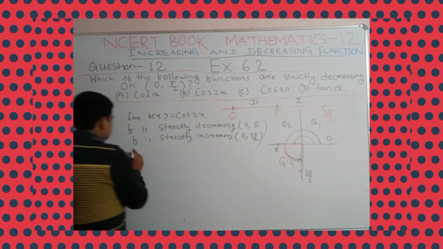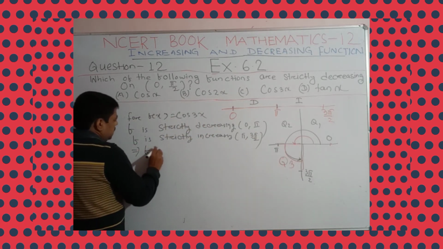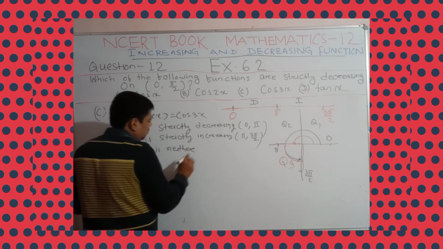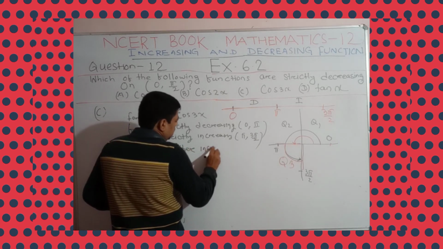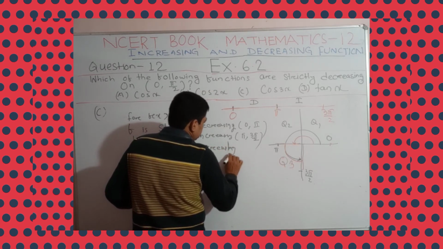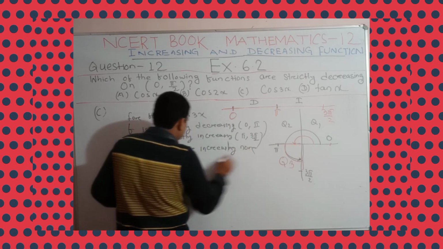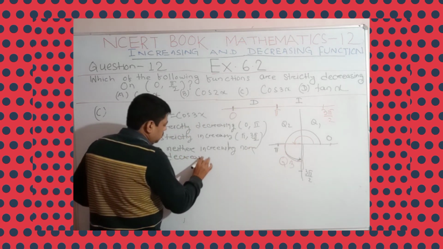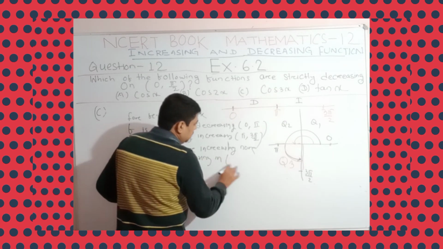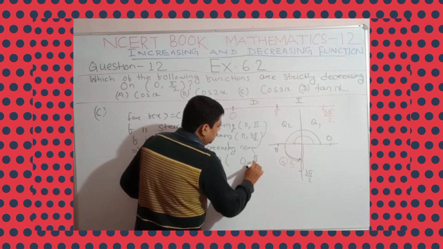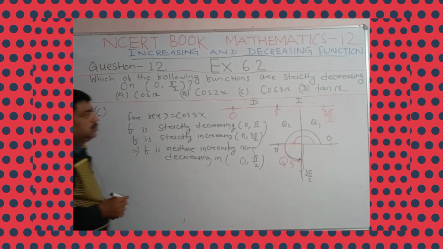That implies f is neither strictly increasing nor decreasing in the interval 0 to pi by 2. Is it clear? Understand? Okay.